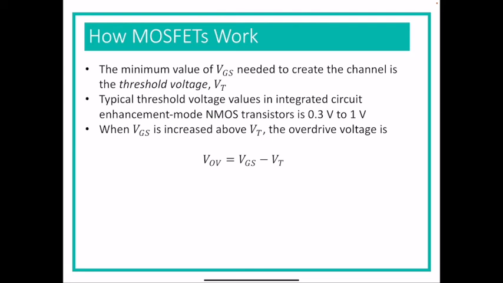So we have a minimum value of VGS we need to create the channel, and once we do that, we can go above it. That is known as the overdrive voltage, which is whatever the difference is between VGS and the threshold voltage. We will pick right back up with this in the next lecture and talk about MOSFET operation.